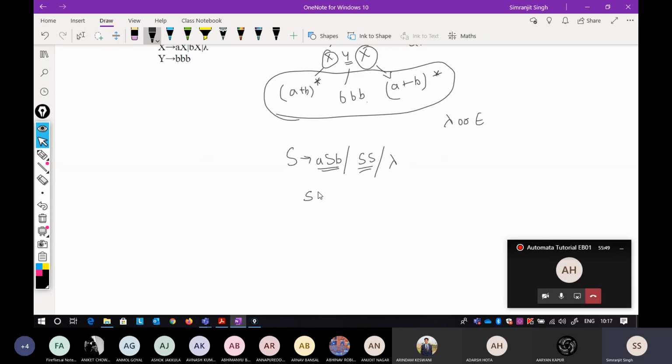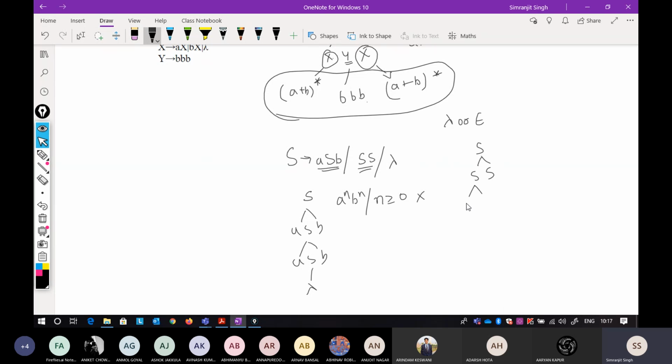If you're seeing aSb, it means that the number of a's and number of b's are always equal. So you will be thinking a^n b^n, where n is greater than or equal to 0. Because lambda is there, 0 is also included. But it is not correct here, because if you see the next one, S tends to SS.